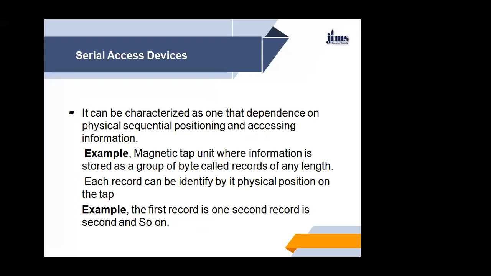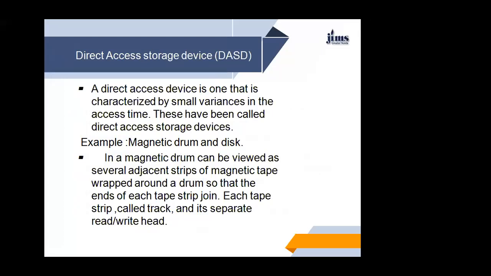Each record can be identified by its physical position on the tape. The first record is one, the second record is two, and so on. So this is the serial access. The third one is the direct access storage device, DASD.